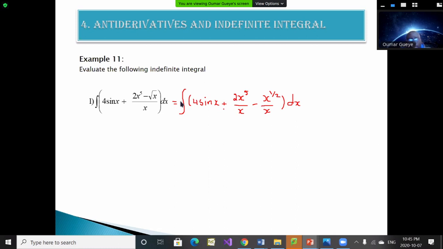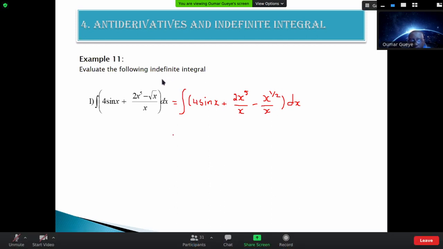Okay, and then we can now use what the property says. The integral of a sum is equal to the sum of integrals. It means we can integrate the first function, the second function, and the third function, and we're going to add one constant c. But before doing that, I'm going to simplify the second and the third term.